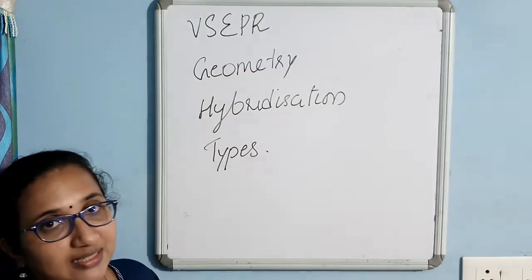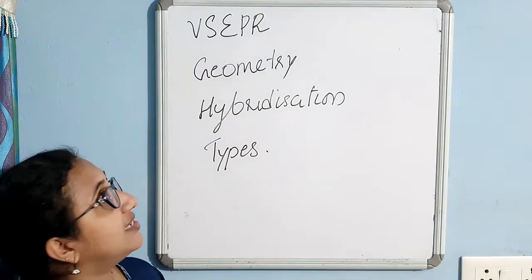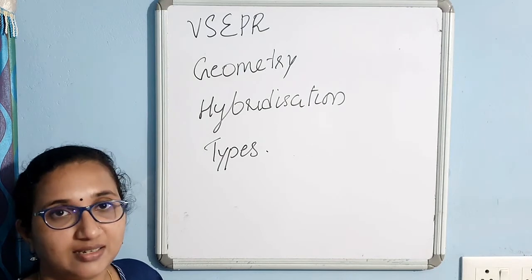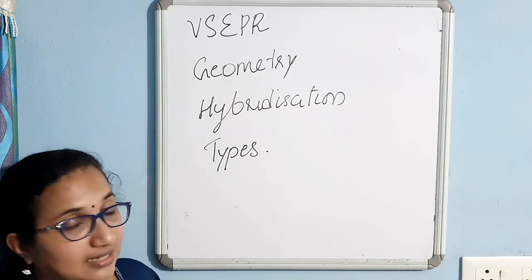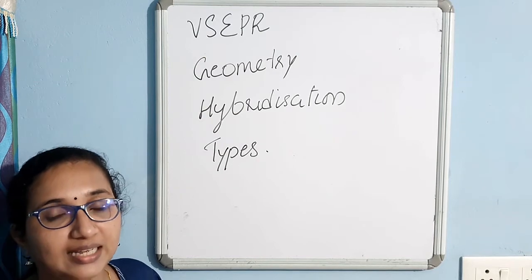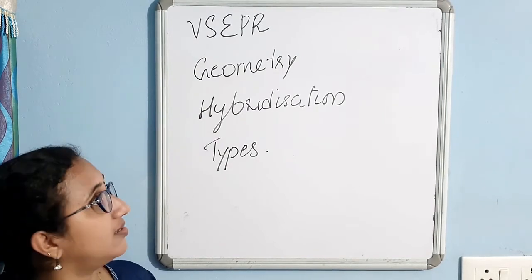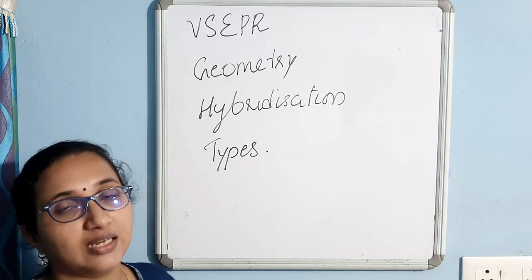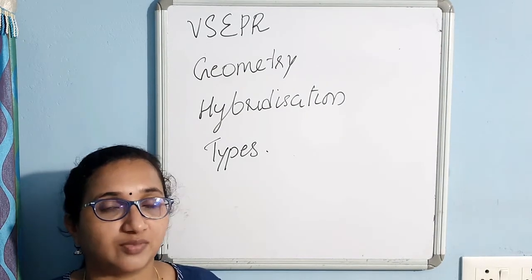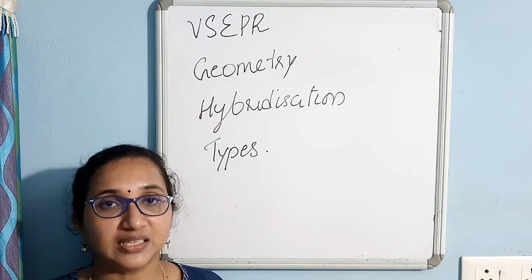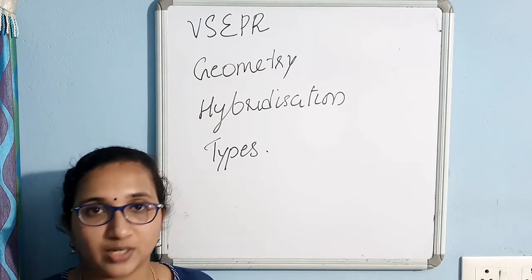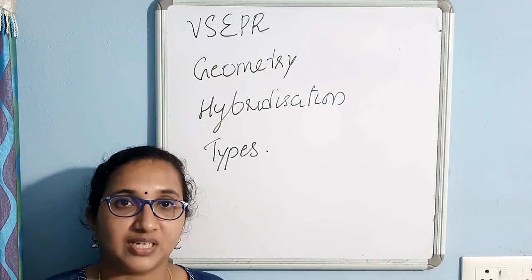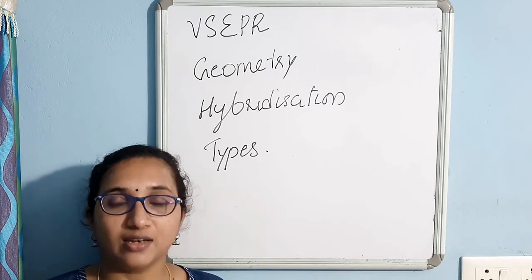So today we have discussed the VSEPR theory, that is valence shell electron pair repulsion theory, its different postulates, and the geometry of molecules containing lone pairs and bond pairs, their hybridization and different types of molecules. That means different types, say whether it is AB2L, AB3L2, AB5. So whatever the type, we can predict their geometry based on the number of bond pairs and lone pairs.